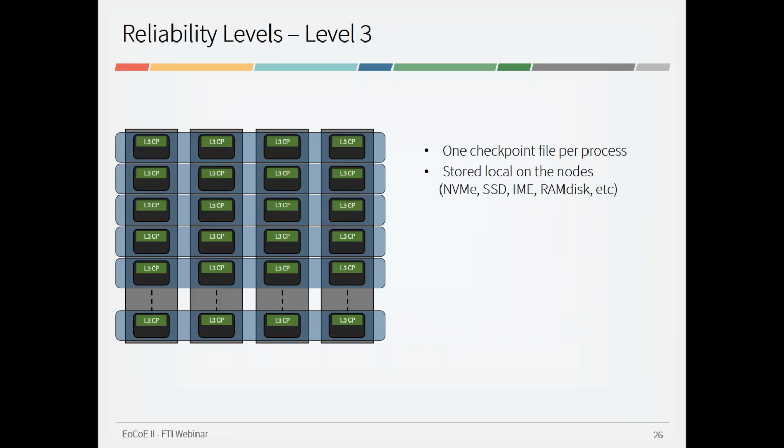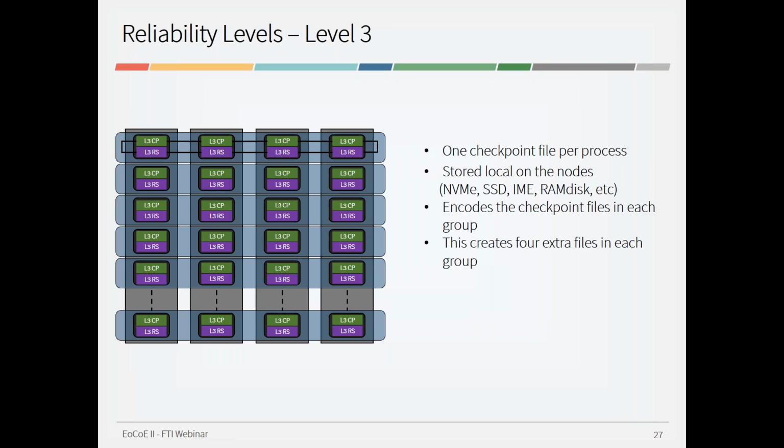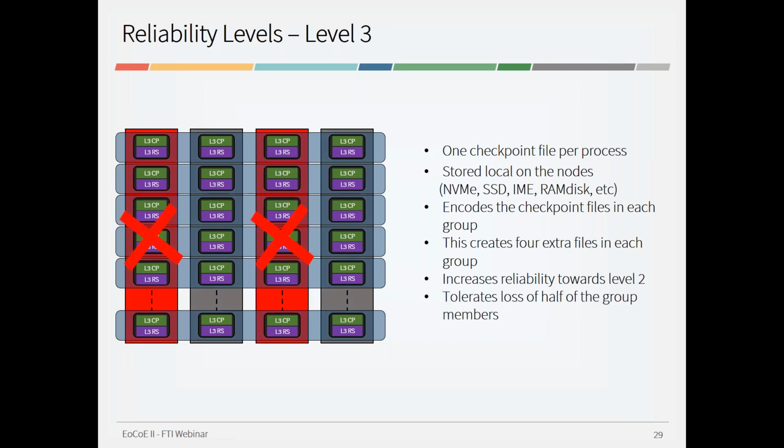And level 3, again, we store the checkpoint files locally on the node and create redundant files from all the group members and place them on the node as well. In this case, we achieve a significant increase of reliability, because even if we lose 2 consecutive nodes, we are still able to recover.